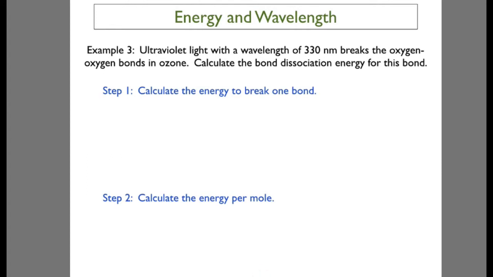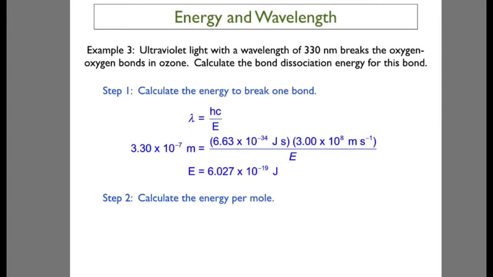Another one. Ultraviolet light with a wavelength of 330 nanometers breaks the oxygen-oxygen bonds in ozone. Calculate the bond dissociation energy for this bond. So first step, we calculate the energy to break 1 bond. And we have the wavelength, so we can use this formula here.